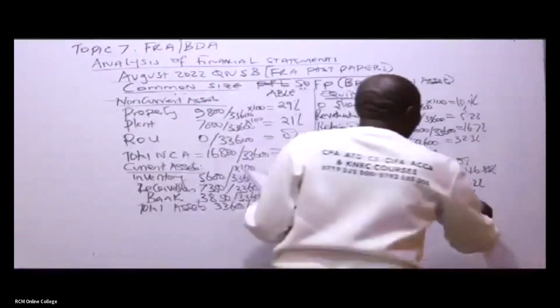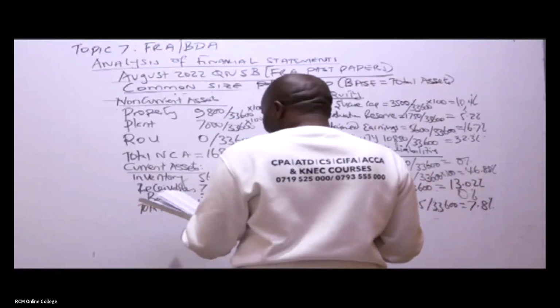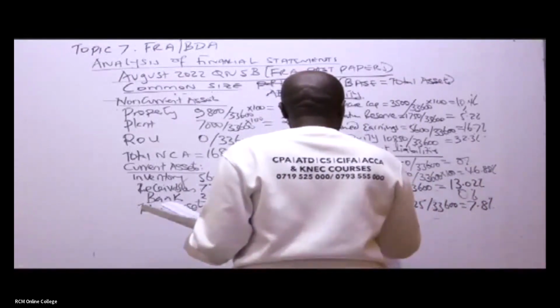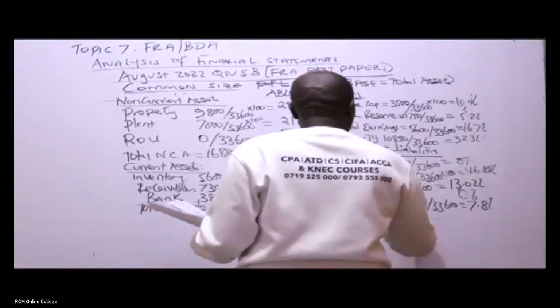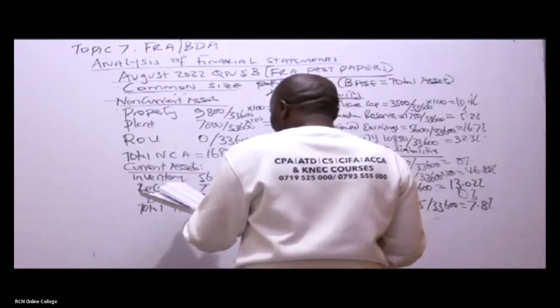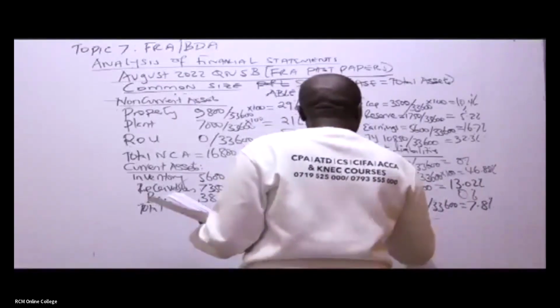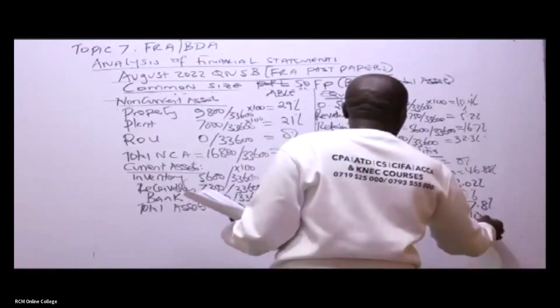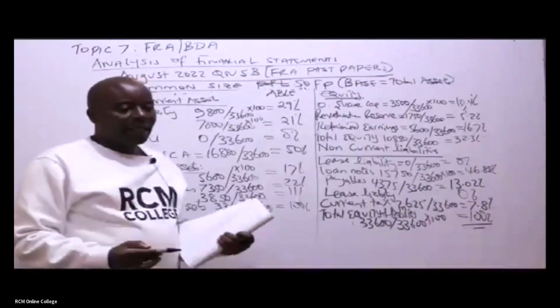Thanks, Felicitas. After current tax, I can see total equity and liabilities, and of course this will close at 100%. So total equity and liabilities, 33,600 divided by 33,600 times 100, which will give us 100%.